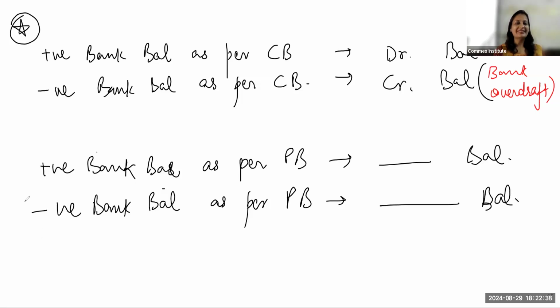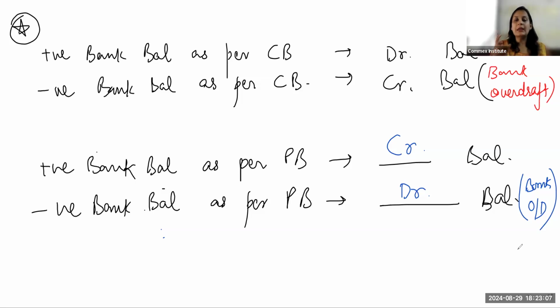Fill it up. So if my banker sends me a positive balance, it would be a credit balance. Negative would be a debit balance. And this negative balance is known as bank overdraft. Negative balance of a bank account is called bank overdraft. But as per banker it would be debit balance.